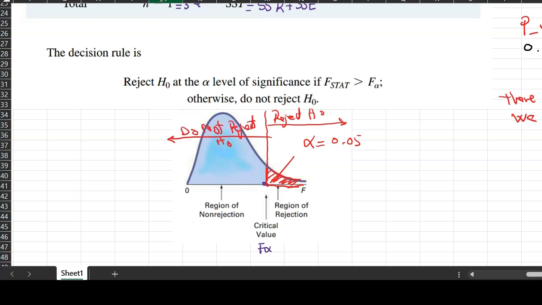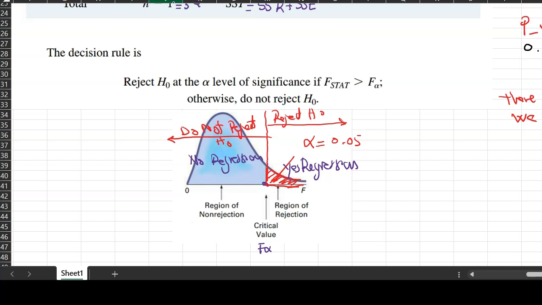Okay, so now we want to figure out where the regression is going to happen, right? If you reject H0, there is a regression. So this is yes for regression, and this is no regression. If you do not reject H0, you don't have regression.